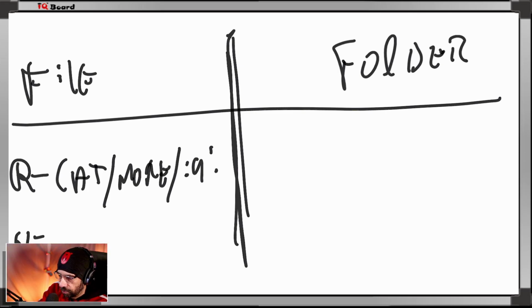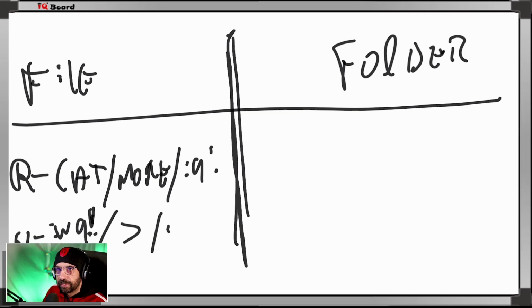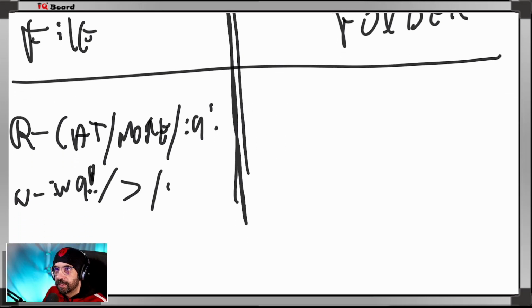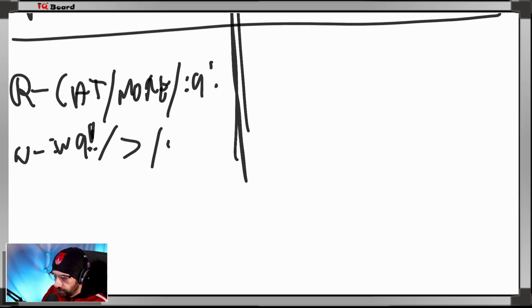Write is, for example, going back to VI and doing the write quit, so saving the information to the file. Doing some redirection is also an example of writing to that file. The other one is execute.